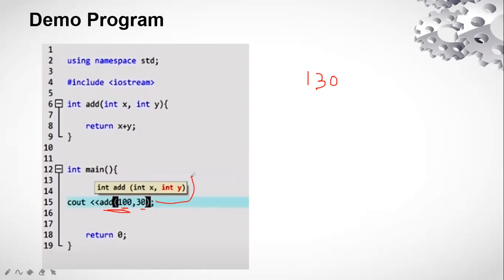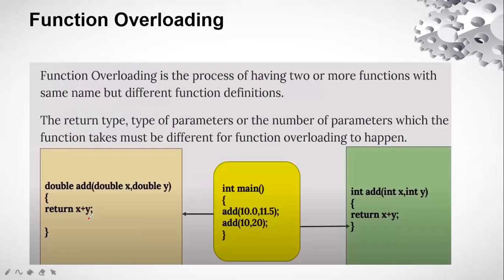Because 130 is obtained by executing these particular lines of code of the function add. Okay, so this is how it works. This is a basic program where we have to remember that we always define the function before the main program, after the include and before the main program, and we call the function in the main program. So this is the concept of functions.